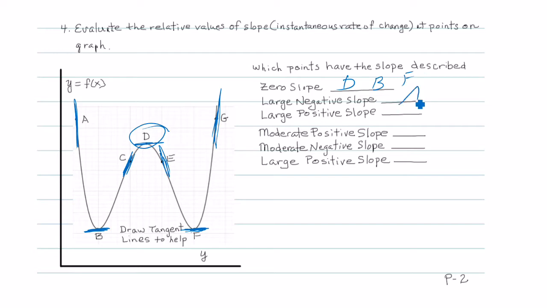You see it at A. A large positive slope would be at G. And a moderate positive slope would be at C. A moderate negative slope would be at E. Notice I have, for some reason, duplicated these two things. The large positive slope is at G.